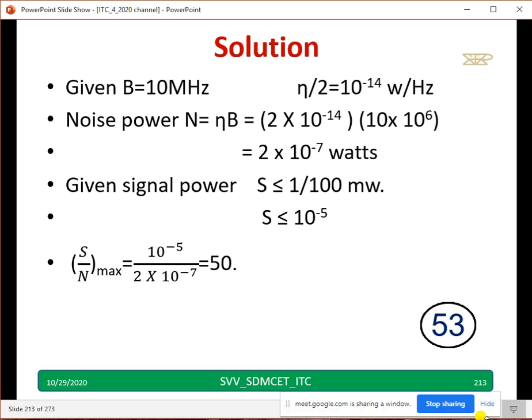Jay Surya, Shilpa, Abhay, Arjun Ambekar, and Shahasana. Abhishek Kulkarni has typed after a long gap. And Vijay Lakshmi, Devraj, Adnya, and Rohit Savalgi have typed. Amrita H has got the answer, S by N equal to 50.